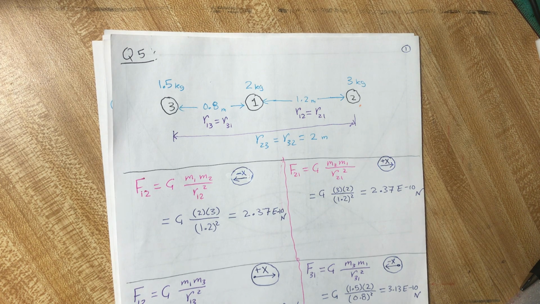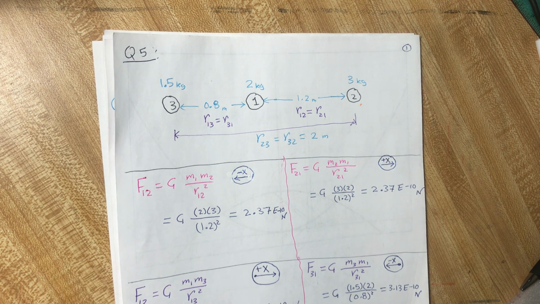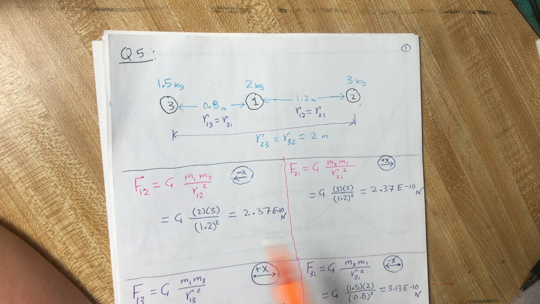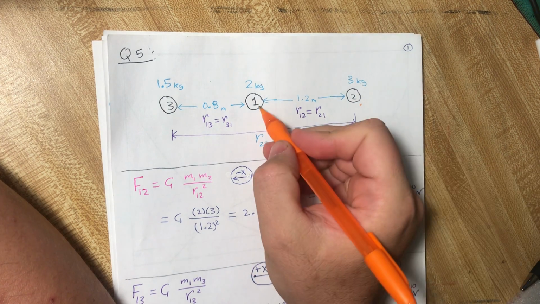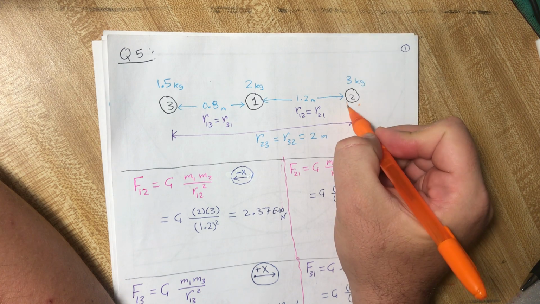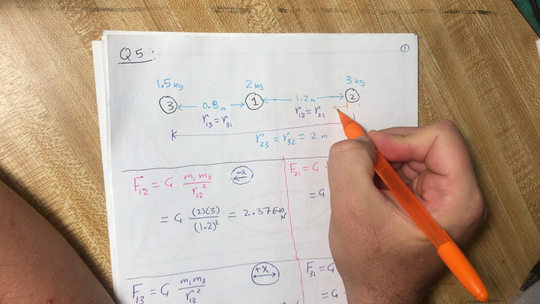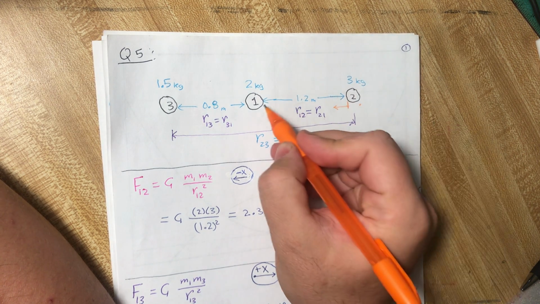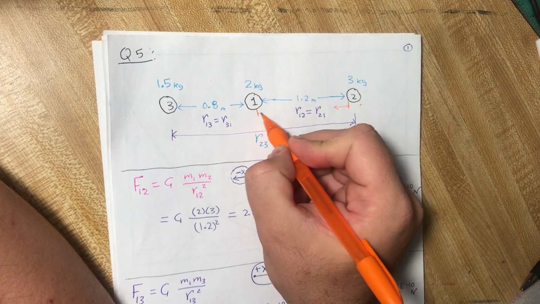Now we have forces, which are the gravitational forces. The first object attracts the second one in this direction. The second one attracts the first one in this direction.